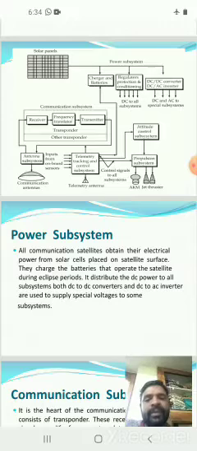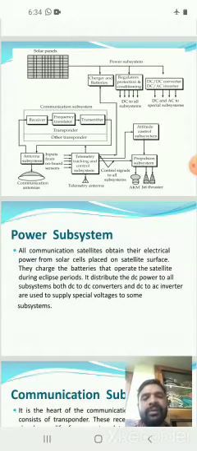In all communication systems, the system runs on a power supply. Here, the electrical power is used for running the satellite system. On the top of the satellite surface, solar cells or solar panels are established.